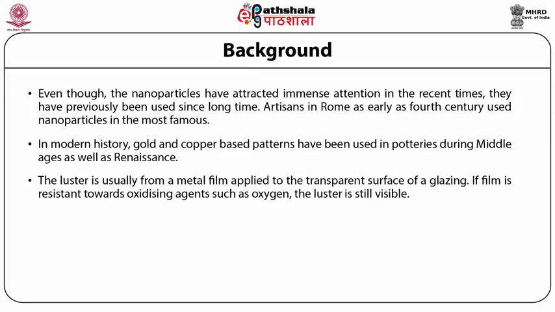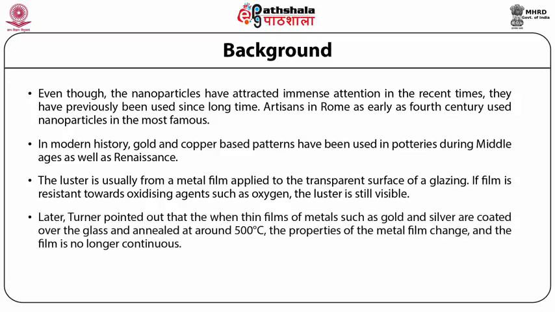The optical behavior of nano-sized metals was first described by Michael Faraday in his 1857 paper. Later, Turner pointed out that when a thin film of metals such as gold and silver is coated over glass and annealed at around 500 degrees centigrade, the properties of the metal film change and the film is no longer continuous.